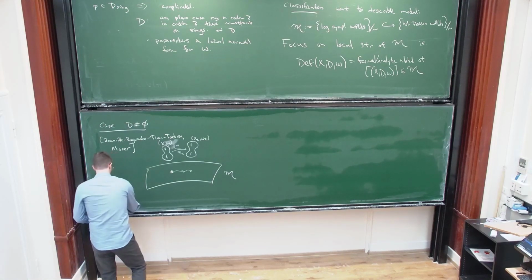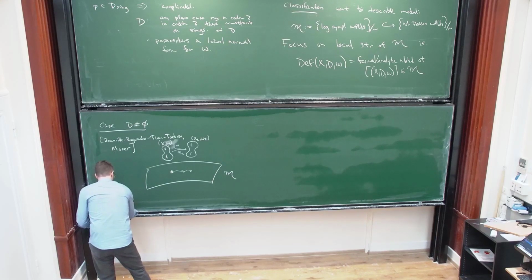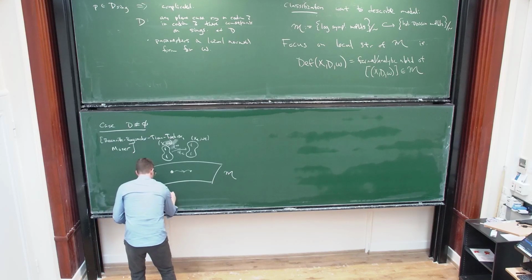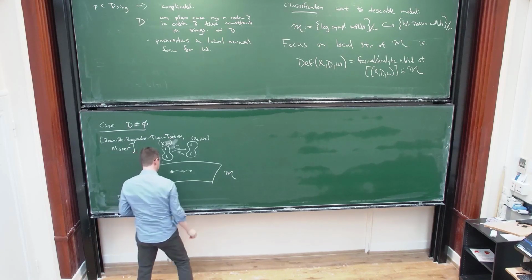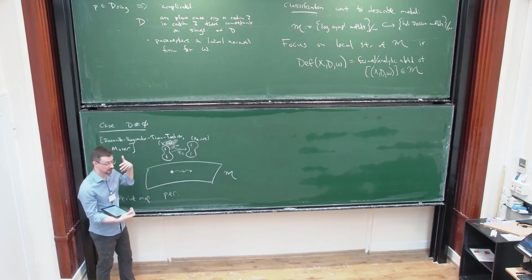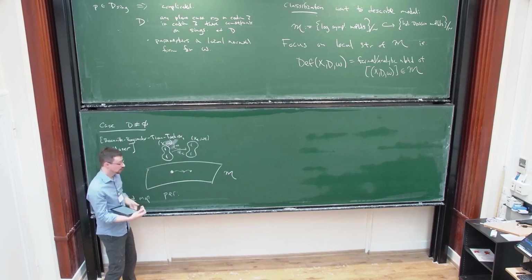And then I can define a period map, which works as follows. Because these manifolds are diffeomorphic, their second cohomologies are isomorphic by these maps φ_t.